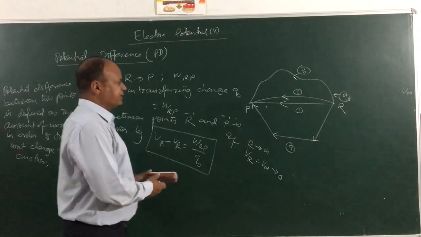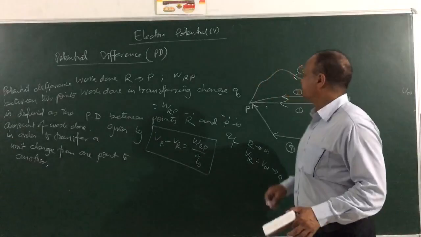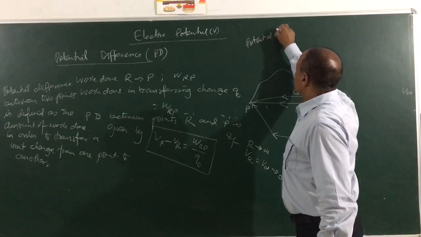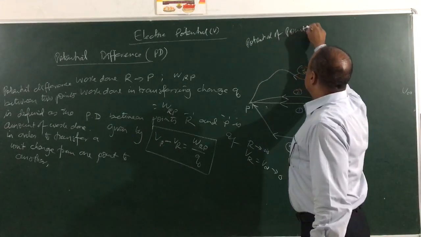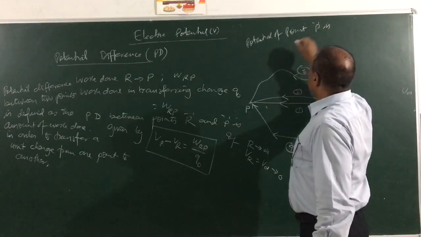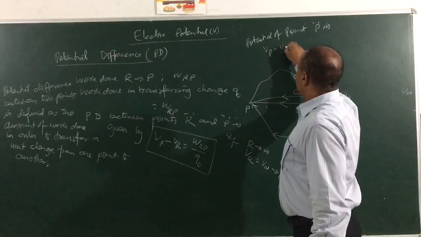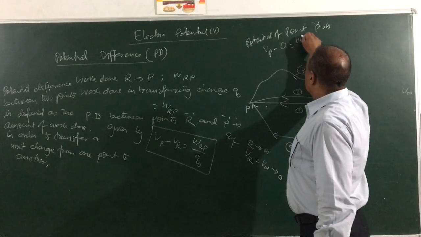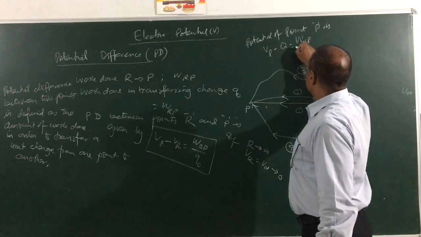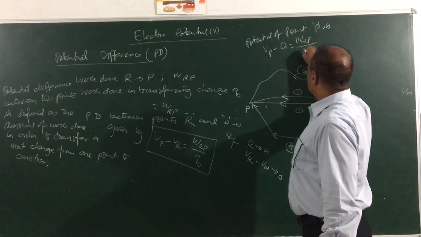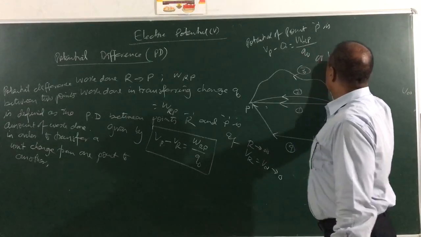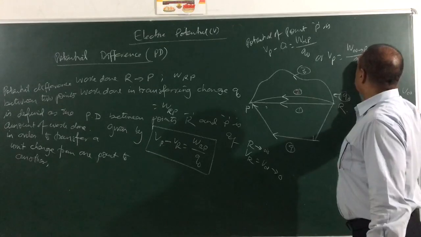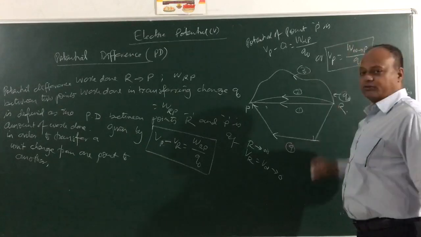If I insert its values here, then I can very easily say the potential of point P is Vp minus 0 is equal to W from infinity to P divided by Q naught, or Vp is equal to W from infinity to P divided by Q naught. This is the definition which we get.